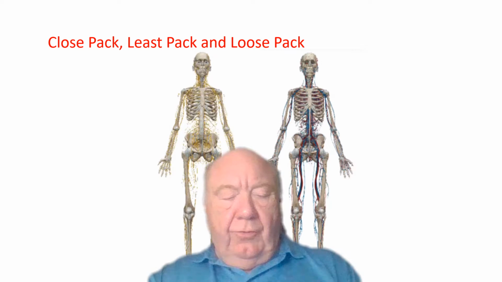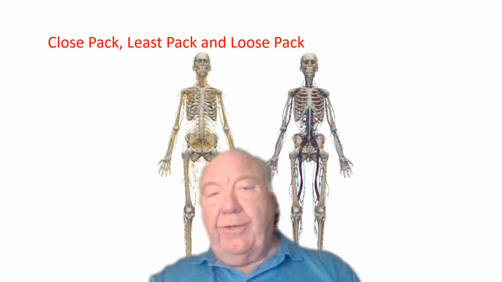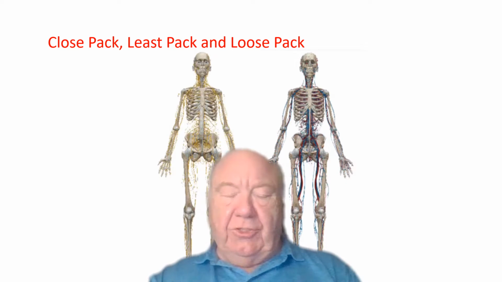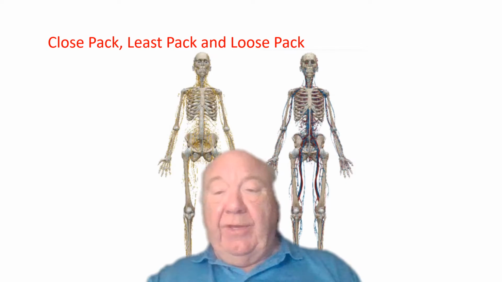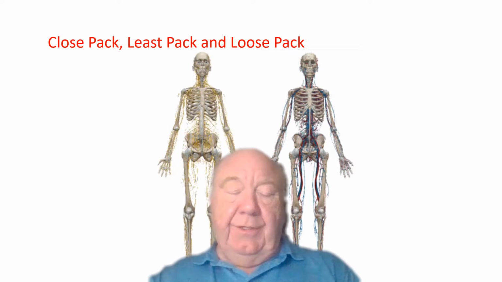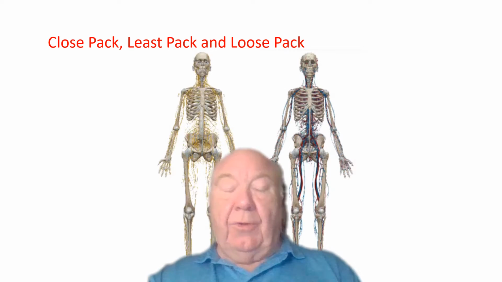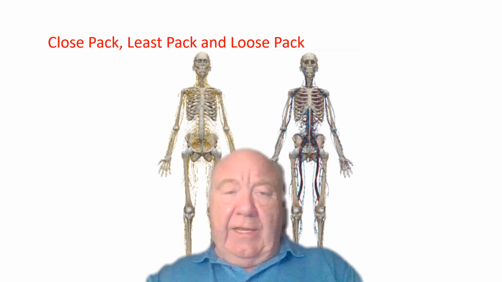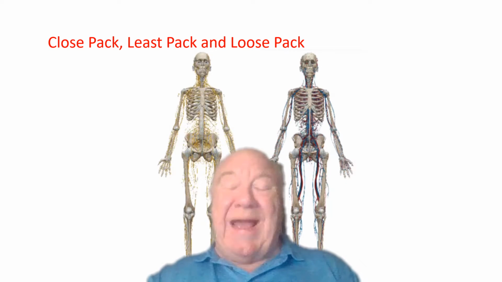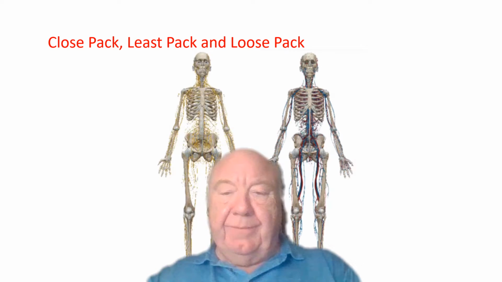Okay, close pack, loose pack, and least pack. These are descriptions of particular positions of the joint and how it affects the ligaments and the intra-articular structures. So we'll start with close pack. This is a particular position of maximum stability for that joint.